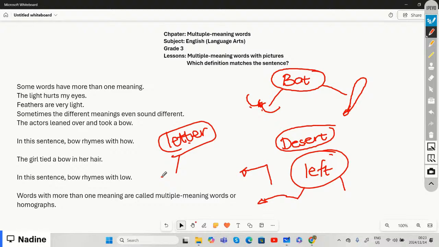One can be a letter that you gave to your friend, and the other meaning is letters like you have your A, B, C, those type of letters.